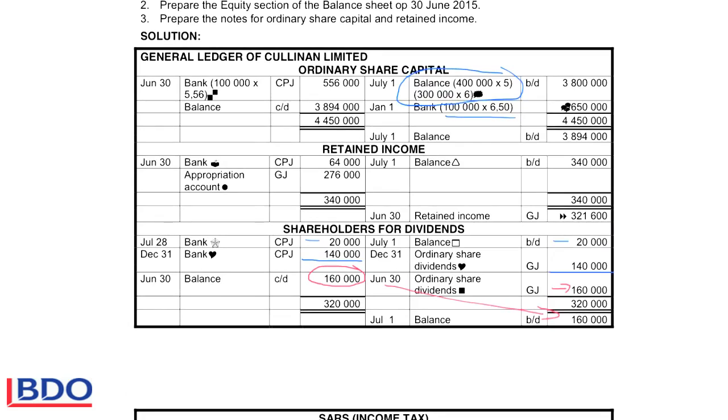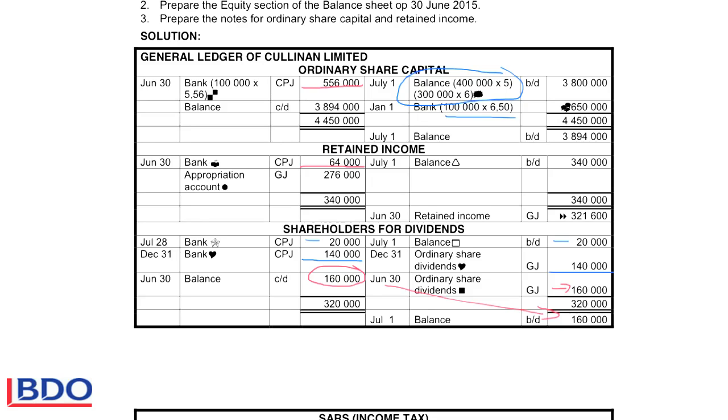That means the total amount that this company has available at the end of the year to distribute is 756,000 rand. They will take income tax out of this amount, so the income tax account will be credited and the appropriation account will be debited.